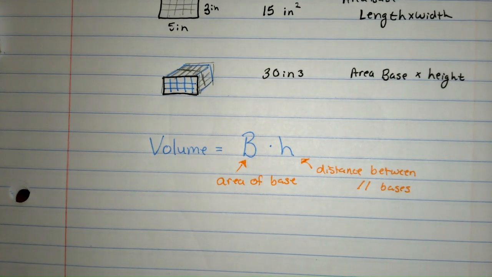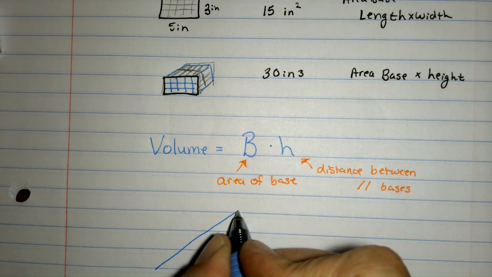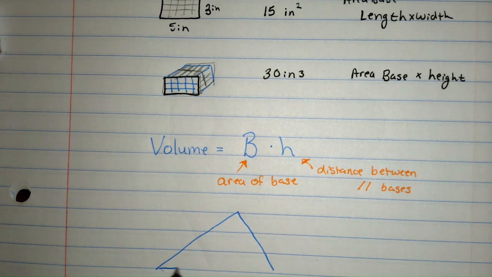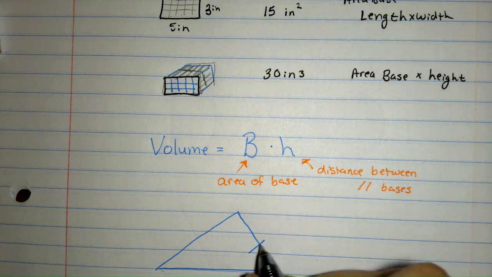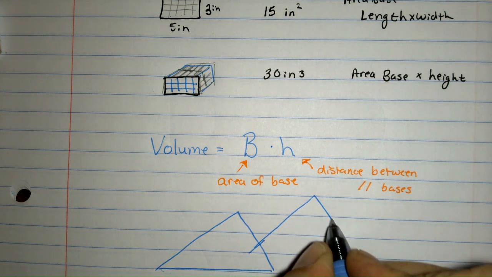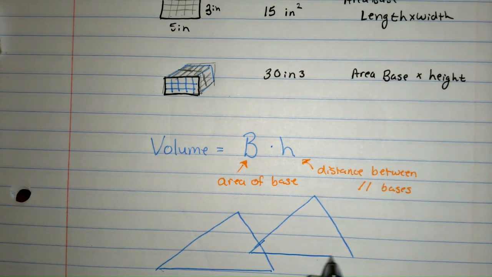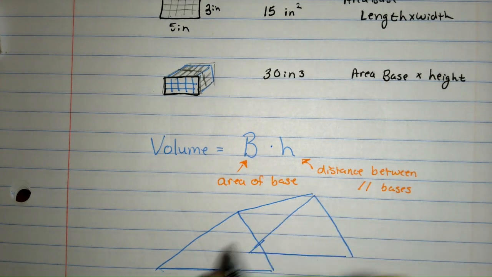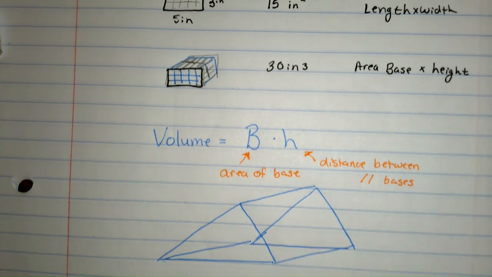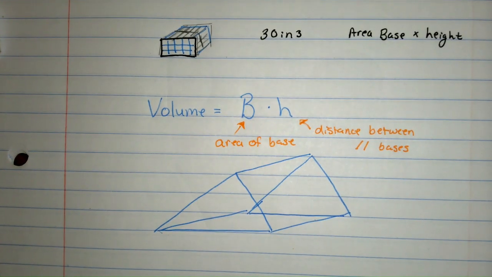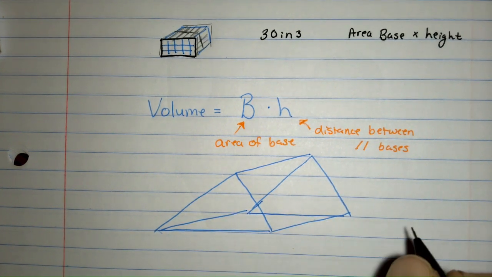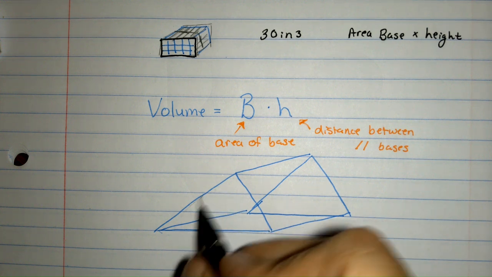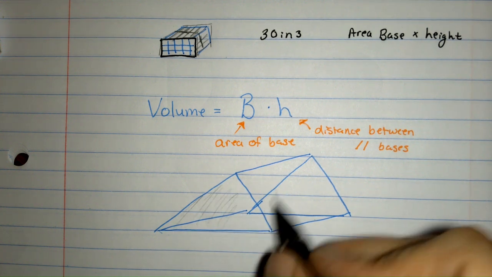Let's say you're sleeping in a tent. Your tent is a triangular prism because it has a triangle face here and a triangle face back here.